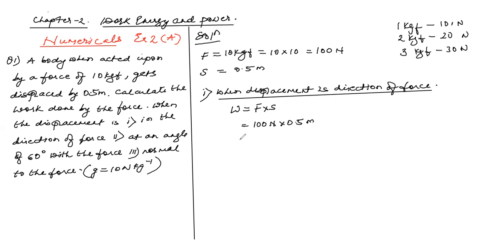So F is 100 Newton and S is 0.5 meter. Shift the decimal and it becomes 5, 5 into 10, 50 Newton meter. 1 Newton meter is 1 joule, so 50 Newton meter is 50 joules. Remember, children, the work done in the first case, when displacement is in the direction of force, is 50 joules.